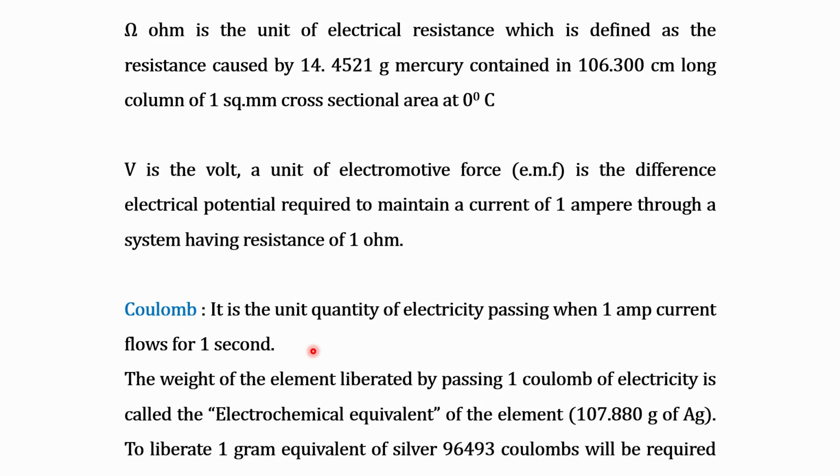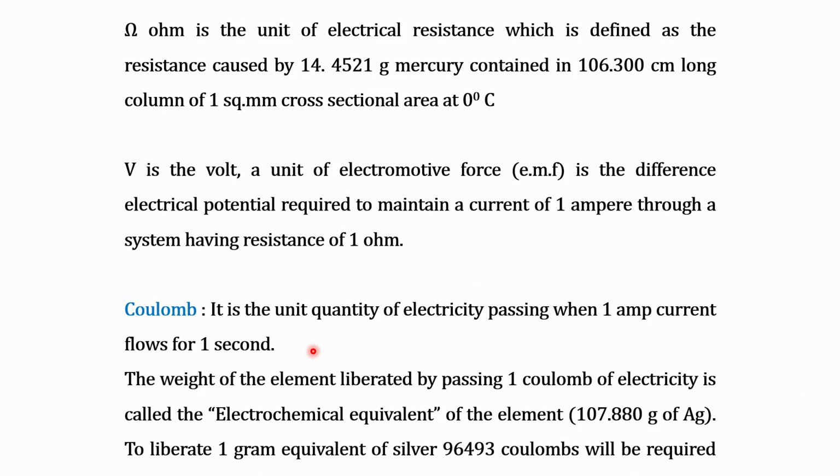107.880 gram of silver. This is a choice made by the scientists and very much in use. So, what does it mean? To liberate 1 gram equivalent of the silver, what is 1 gram equivalent?